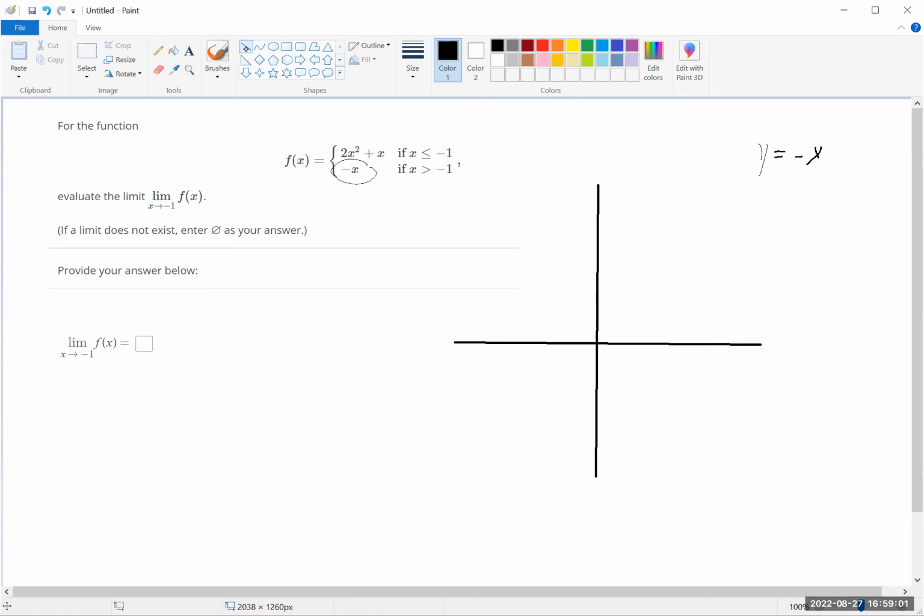It's a line that slopes downward, but importantly, it's going to start somewhere about here, assuming that this is negative 1. And of course, we're starting at negative 1. So that's the curve there.